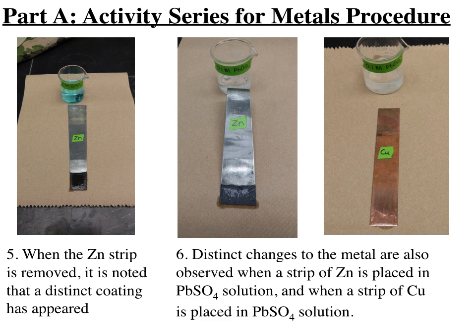So again, there's a reaction when I put a strip of zinc into copper sulfate. There's a reaction when I put a strip of zinc into lead sulfate. There is a reaction when I put a strip of copper into lead sulfate.